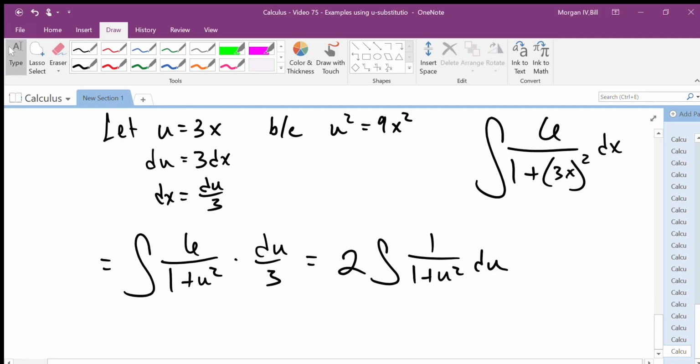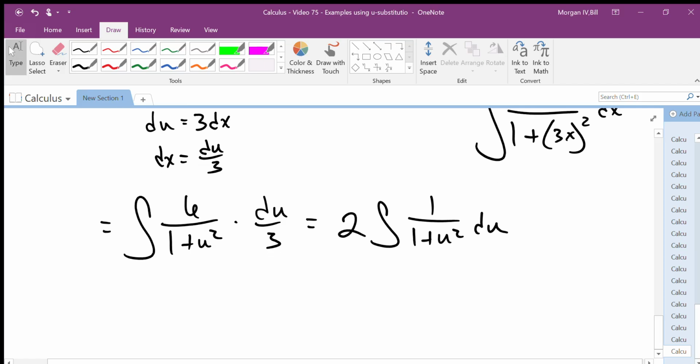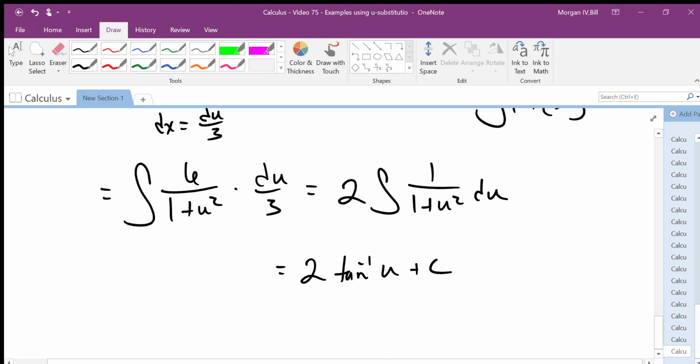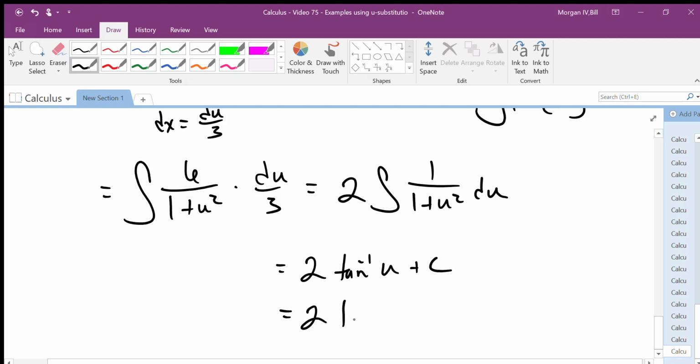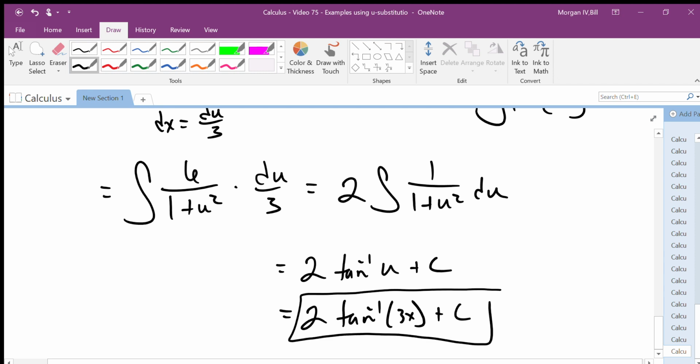And that is the form for inverse tangent, but this time it's inverse tangent of u. So it's 2 inverse tangent of u plus c. And then we can go back and replace the u with 3x: 2 inverse tangent of 3x plus c. That is using u substitution to get to an inverse trig function, in this case, inverse tangent.